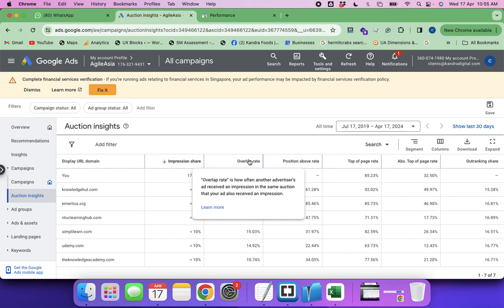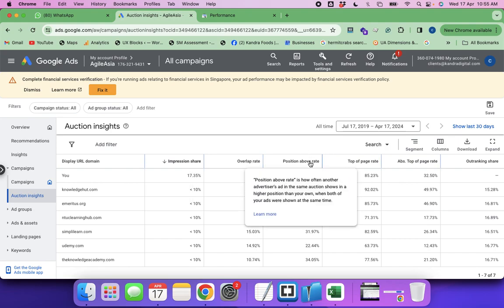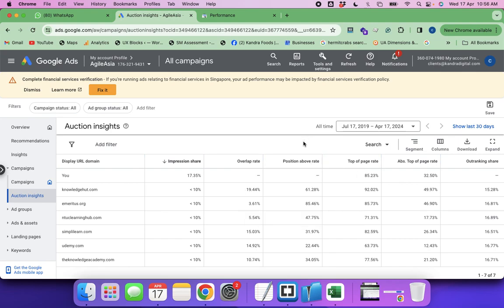Both are participating in the same auction. Same auction is nothing but same keyword. Position above rate is how often another advertiser's ad in the same auction shows in a higher position than your own when both of your ads were shown at the same time.